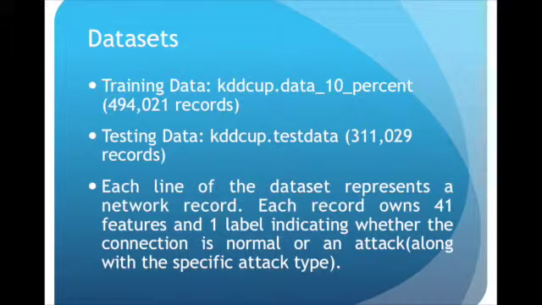Each line of the dataset represents a network connection record. Each record owns 41 features and one label, indicating whether the connection is normal or an attack. The attack comes with a specific attack type.